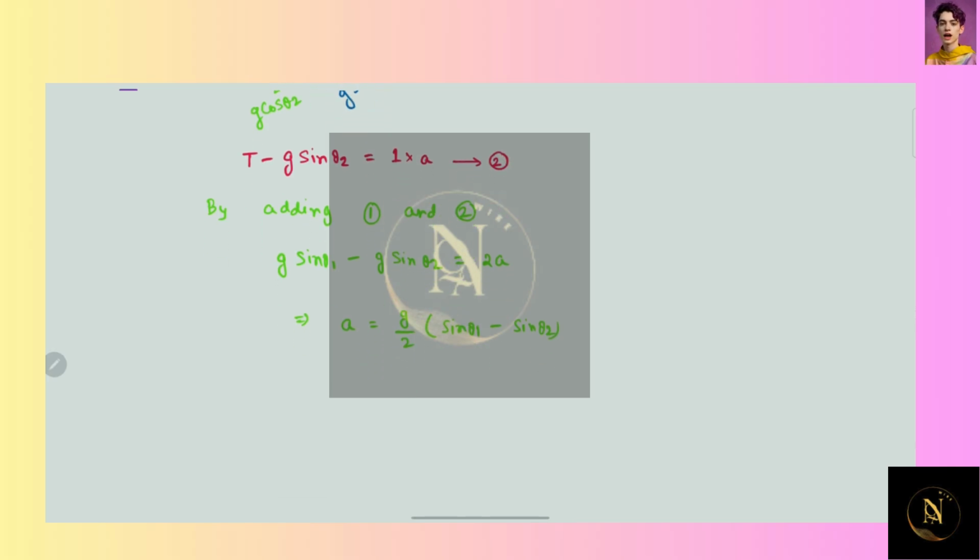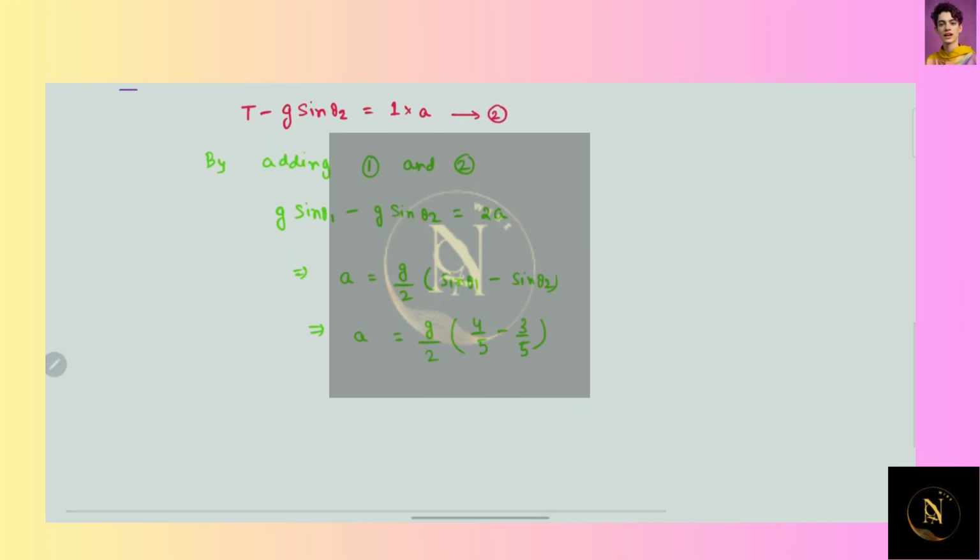Now if we put the values, a equals g by 2, keeping g as it is, into (4 by 5 minus 3 by 5). So a will be equal to g by 10.